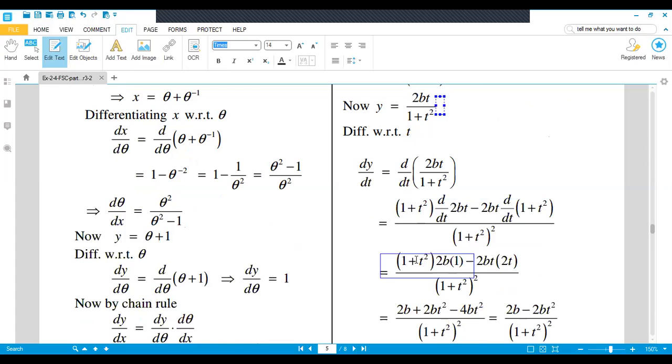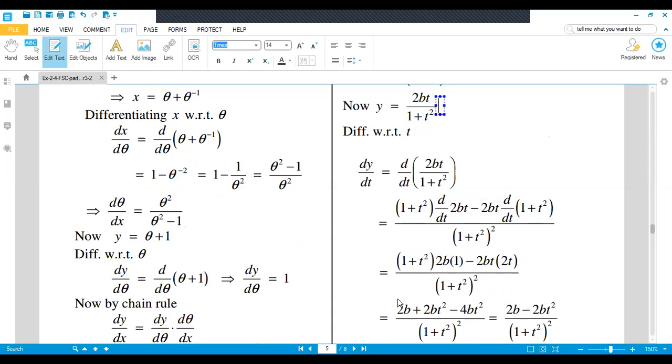So this one, 1 plus t square as it is, and 2b is treated as a coefficient and the derivative of t is 1, and minus 2bt as it is, the derivative of 1 is 0 and the derivative of t square is 2t.